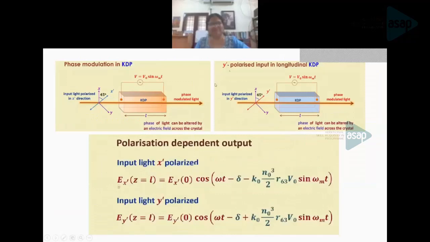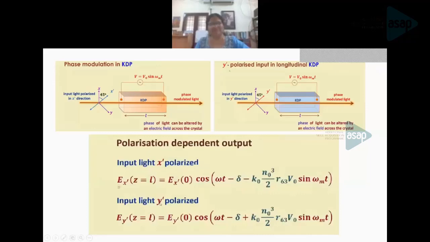When we consider y prime polarized input light instead, you will get the same equation, only the minus is changed to a plus sign. That is the only difference. So you can choose any direction: the input light can be polarized either along the x prime or the y prime direction. Anyway, you will get a phase modulated output from the crystal.